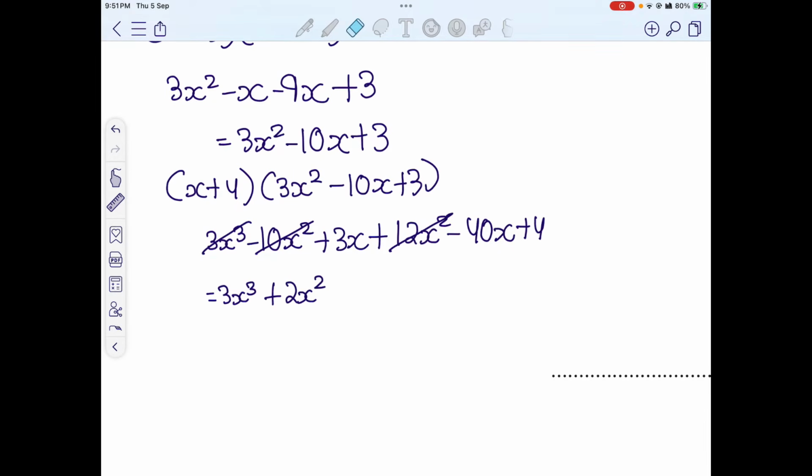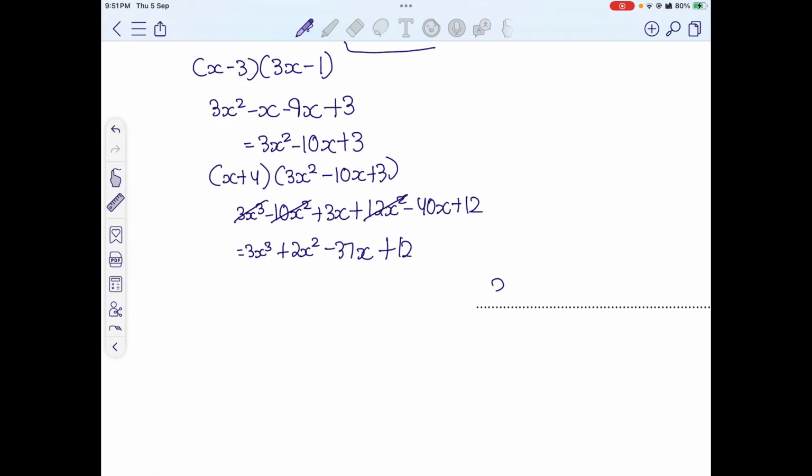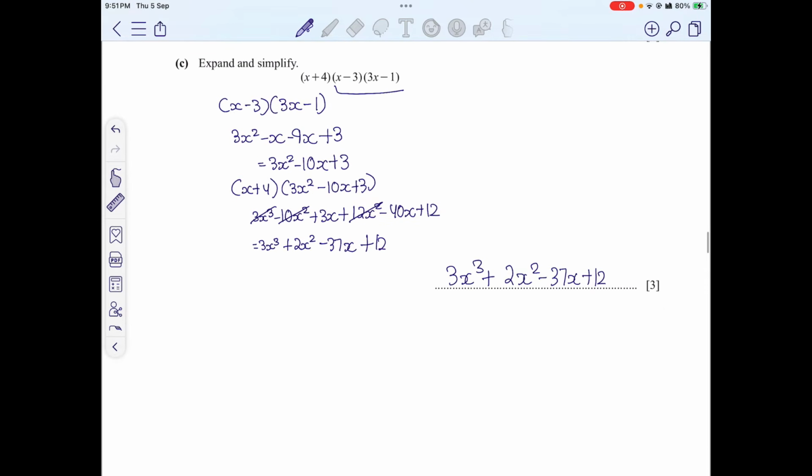And 4 into 3 would be 12. So it's 3x cubed plus 2x squared. 3x minus 40, when you do 3 minus 40, you get negative 37x plus 12. So 3x cubed plus 2x squared, and I can't simplify it anymore since there is nothing common here. Negative 37x plus 12. Alright, I hope this is clear.